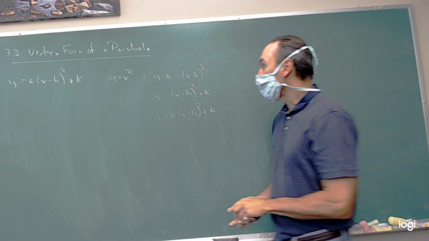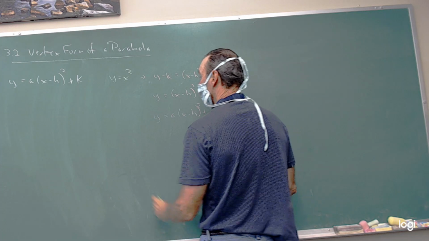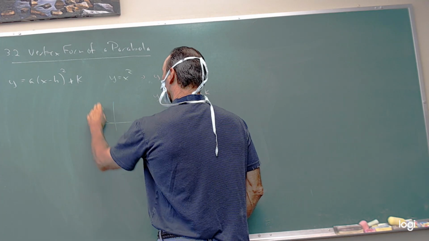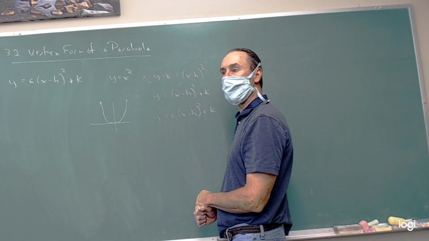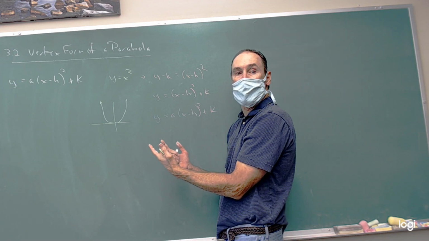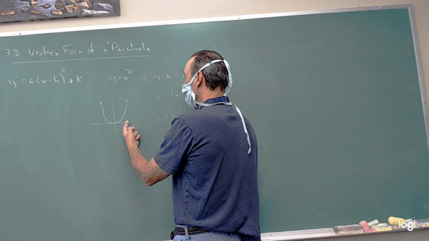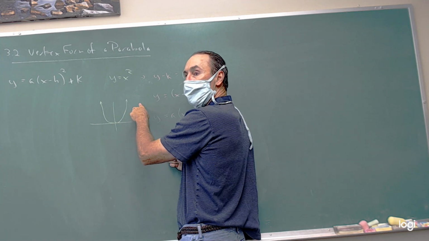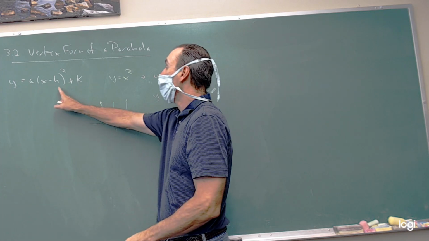So if we start with our parent function that's a parabola, where we got this parabola with the vertex at 0, 0, then what we see from the h, k is that's where the vertex is going to go. So we're going to move it over h, up k, and that's going to become the vertex of this parabola here.